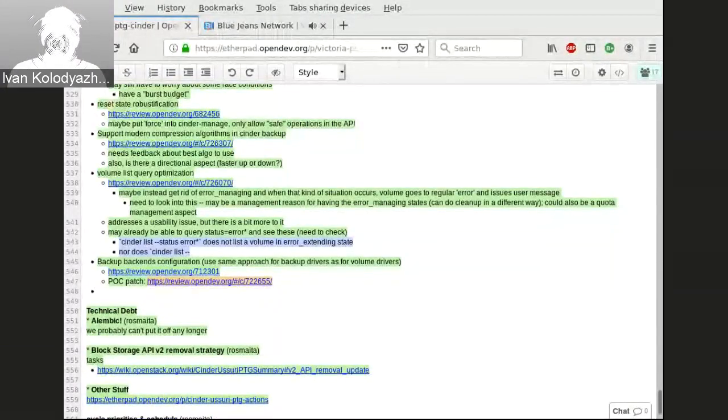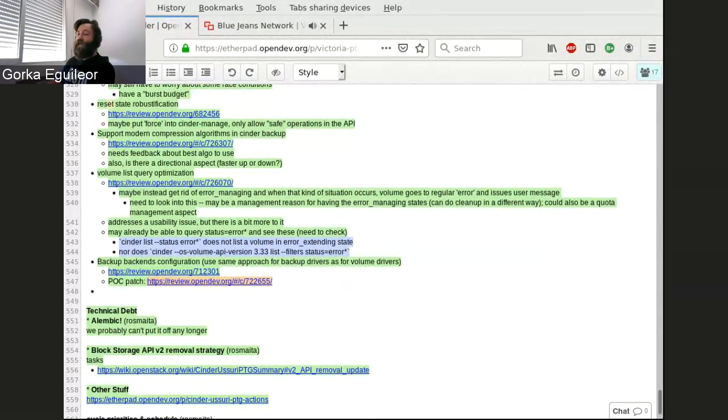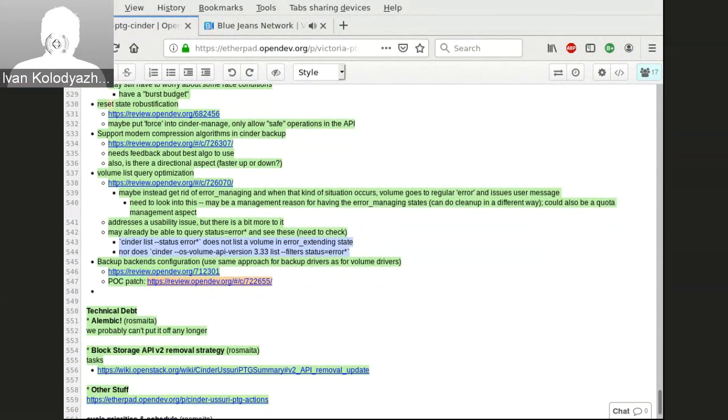Backup types is a good idea once we have a generic backup driver, so we can introduce it with this spec too. And even if we don't have the generic one, now you can have Swift and NFS and Ceph. You could have three different ones, right? Yep. With the generic it is even more important, but even with what we have. I agree with it. I just didn't mention backup types. Somebody mentioned it in the review, as I remember.